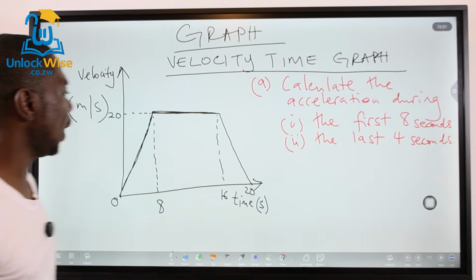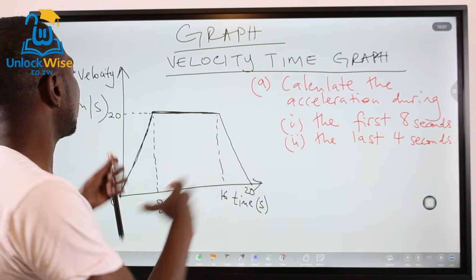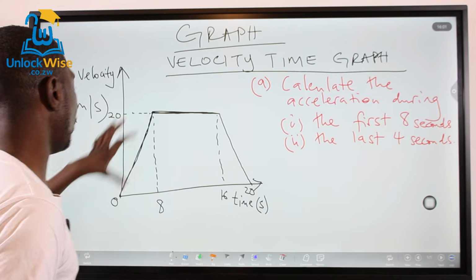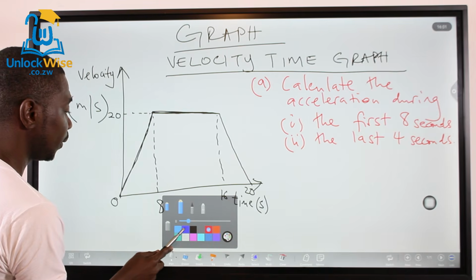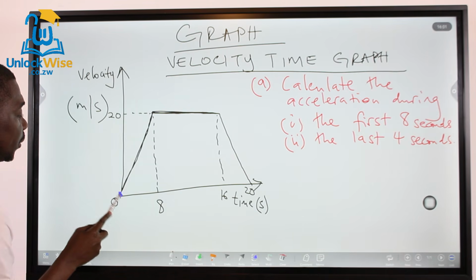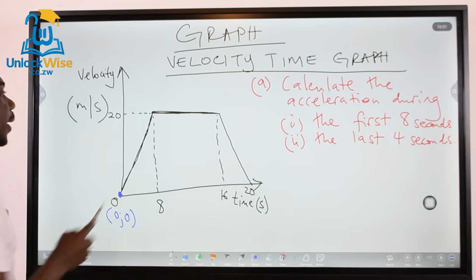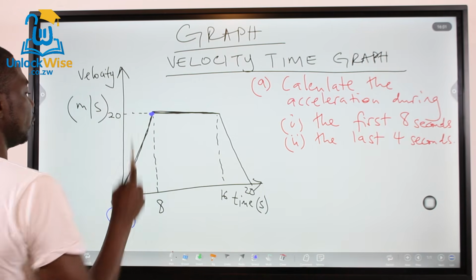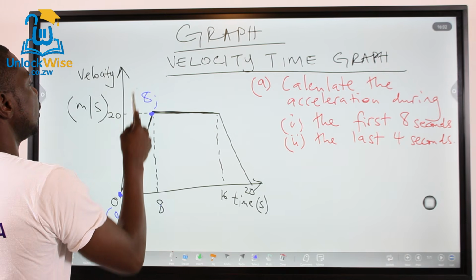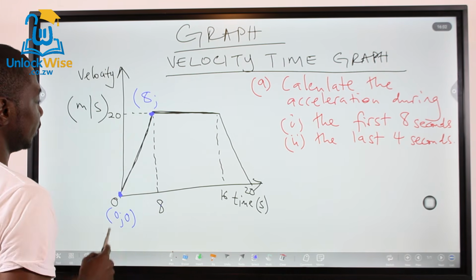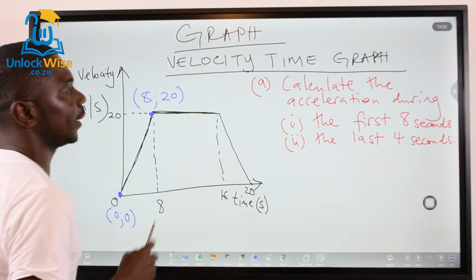Right. So what I want you to understand here is you need to take the coordinates, the points here. For example, here we have 0, 0. And here we start with the x coordinate, or the time in this case, which is 8, and the velocity, which is 20. Right.